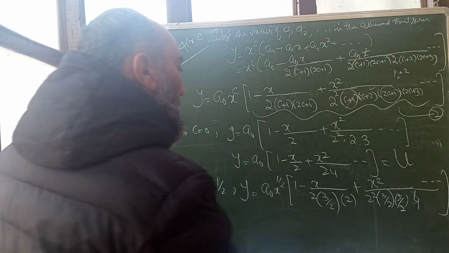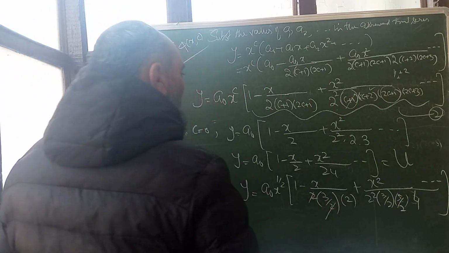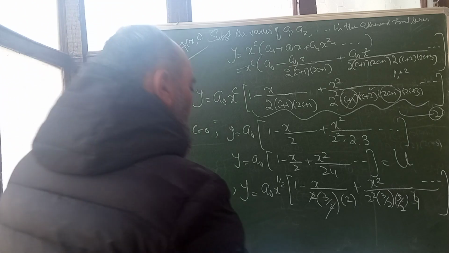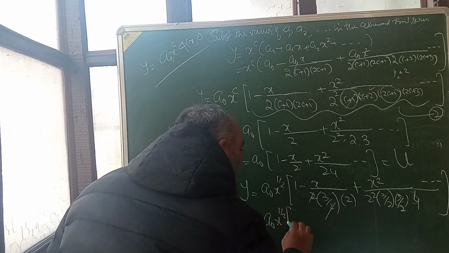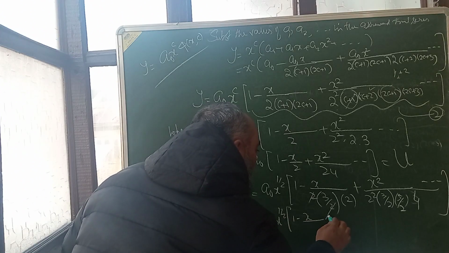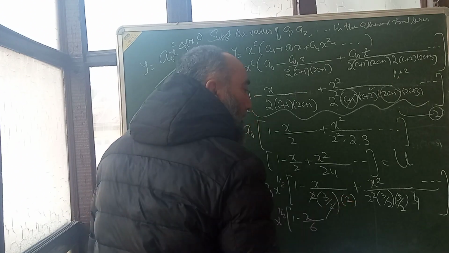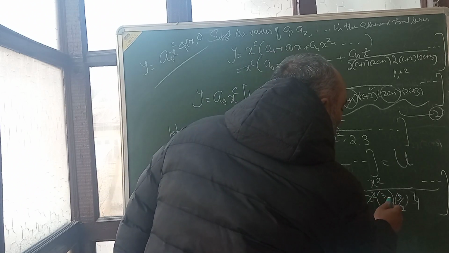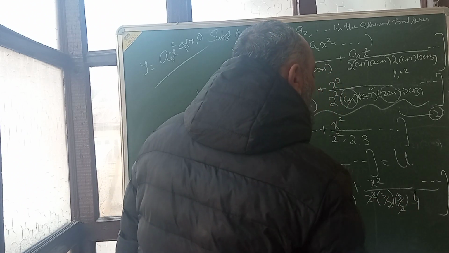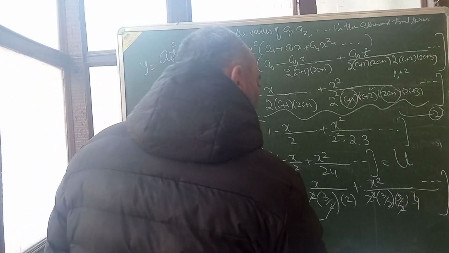So you have a0, x raised power half, 1 minus x by 6, 3 twos are 6, then 2 square, 3, 5, 15, 15 twos, 4, 60.